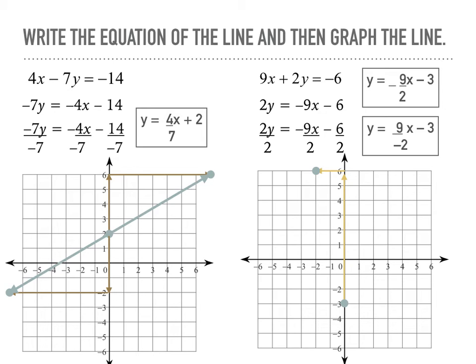So understand, when a slope is negative, you can have the negative sign go with either the numerator or the denominator or out front, but you only keep the negative sign in one place. Now let's connect those dots, and there is the line that I was asked to graph, 9x plus 2y equals -6.